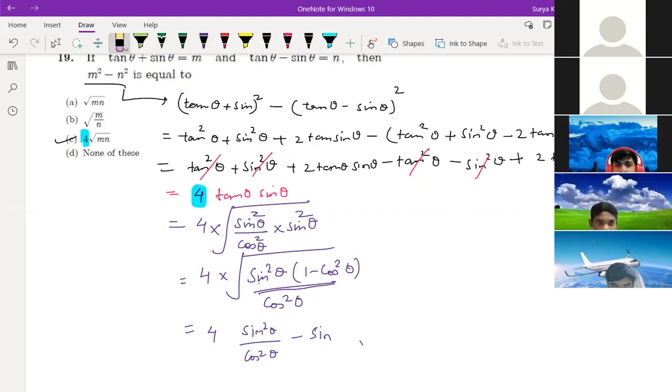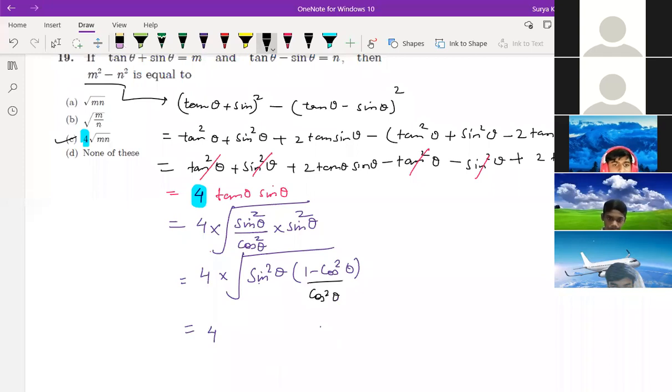If you do it some other way, suppose here I'm writing sine square theta, here divided by cos square theta, and this becomes tan square theta. We should get tan square theta. How will you get it? If you get tan square theta minus sine square theta, then it becomes easy for us, because mn is equal to tan plus sine theta and tan minus sine theta, correct?